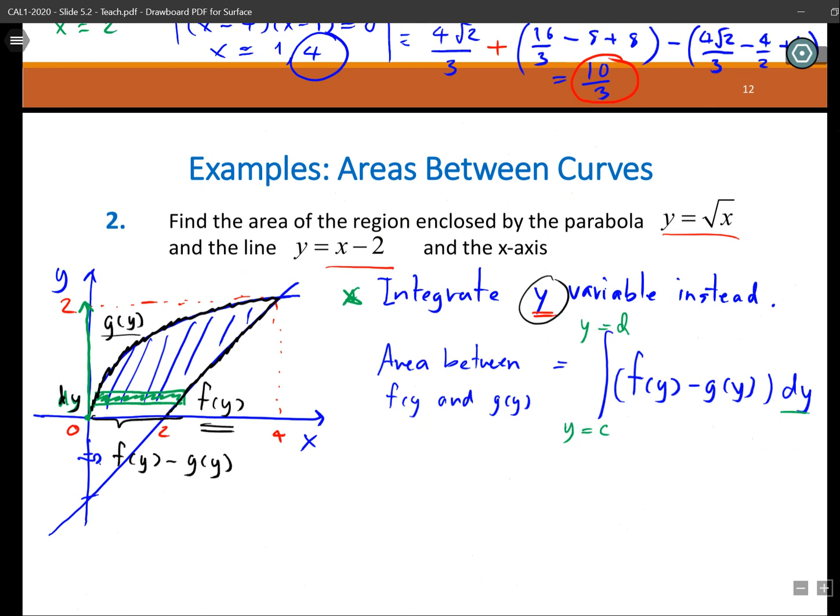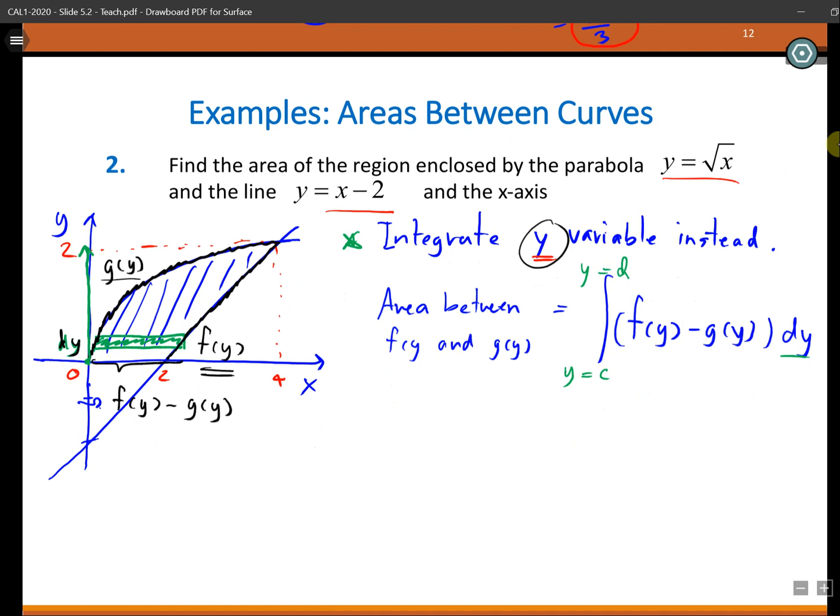Now we have this formula ready, but how to use it? Let's find out. The first thing is to find out which line of this is f(y) and which line of this is g(y). As I told you before, f(y) has to be on the right hand side.